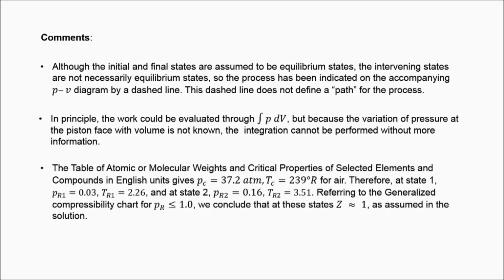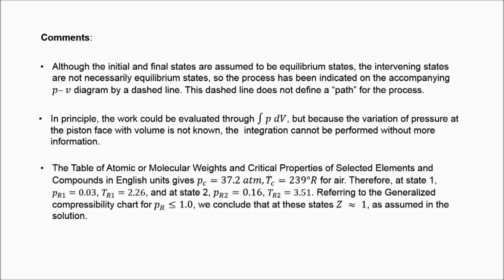We can validate the assumption that the air behaves as an ideal gas between the two states as follows. From the table of atomic and molecular weights and critical properties of selected elements and compounds in English units, we get values of the critical pressure and temperature for air of Pc equal to 37.2 and Tc equal to 239 degrees Rankine.